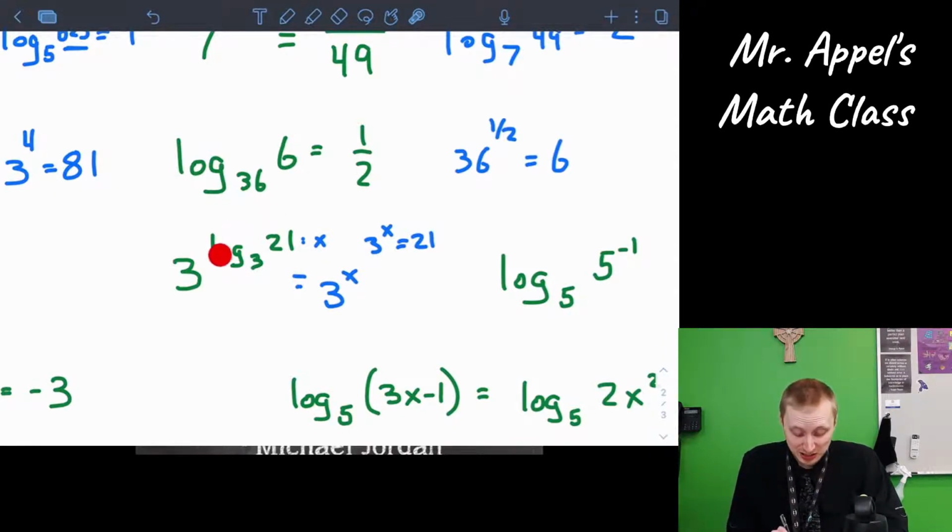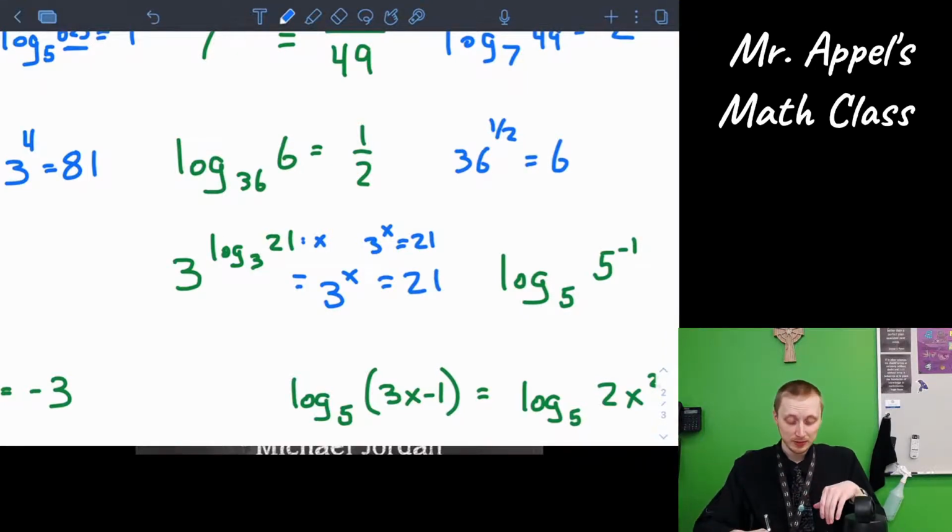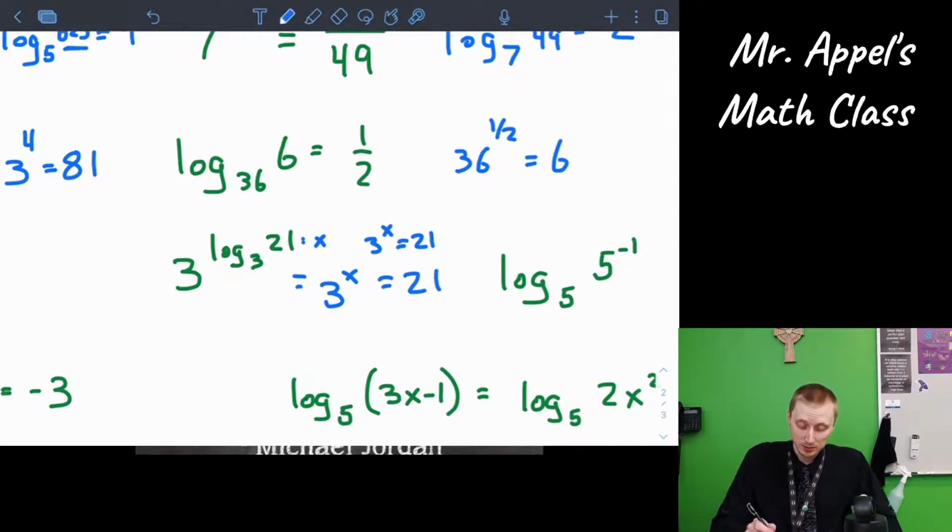But rewriting this log as an exponent tells us, hey, 3 to the x is 21. This whole thing undoes itself. 3 to the exponent, but log undoes the exponent. It says, no, take your base back down to 21. Our final answer is 21.